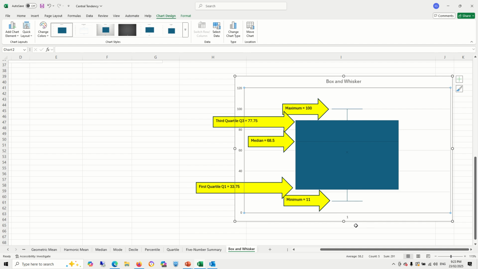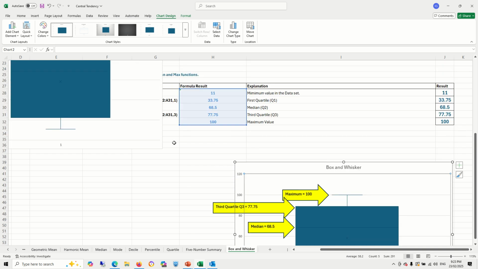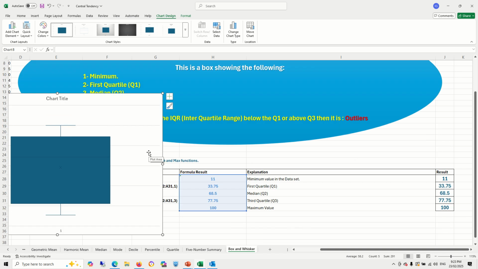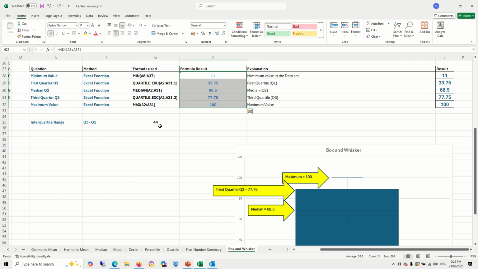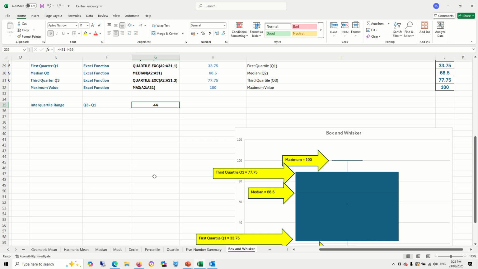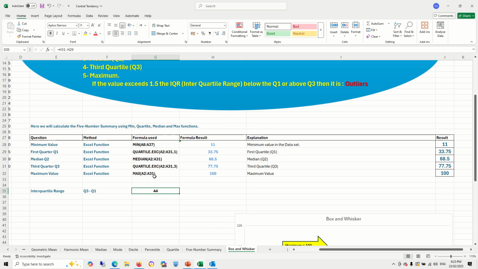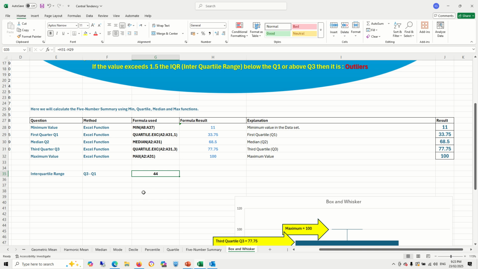In this kind of distribution, there might be no outliers, but if the whiskers are long, that will indicate extremes or outliers, and this can be calculated when you match the interquartile range with these extreme values. For example, here we see that the interquartile range is 44. So if the value exceeds 1.5 times the interquartile range, then it will become an outlier.